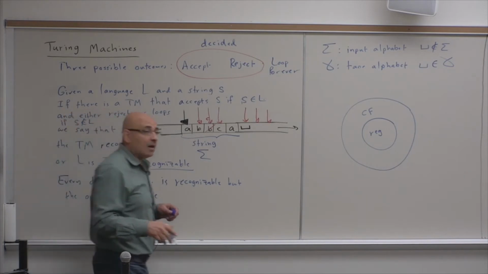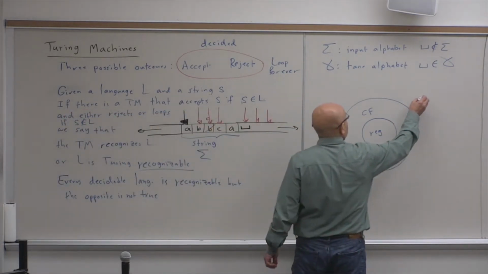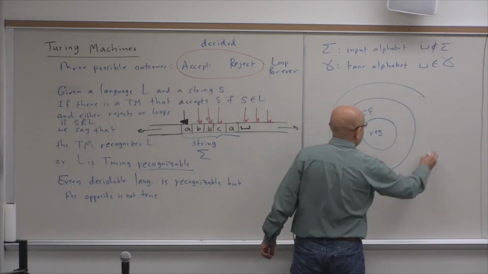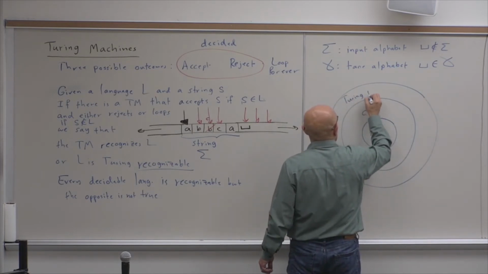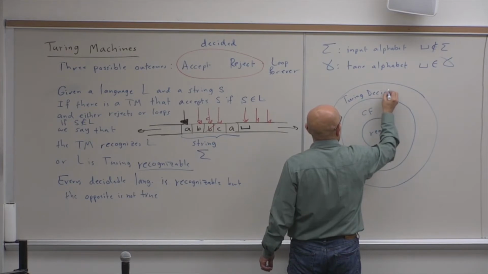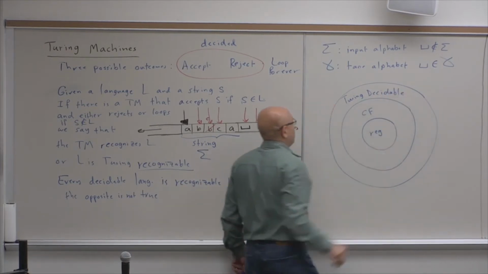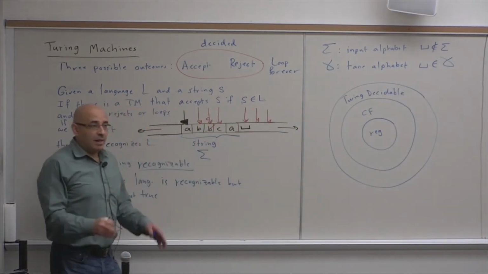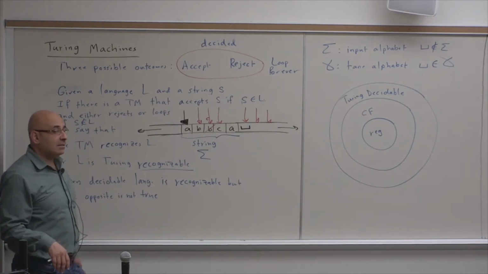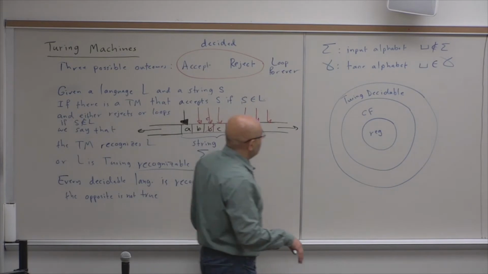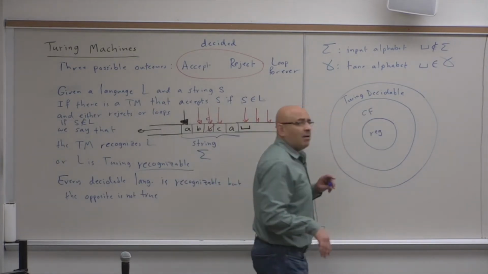And now we have a larger set of languages, which is the set of Turing decidable languages. The Turing machine is more powerful, and it can decide a larger set of languages.